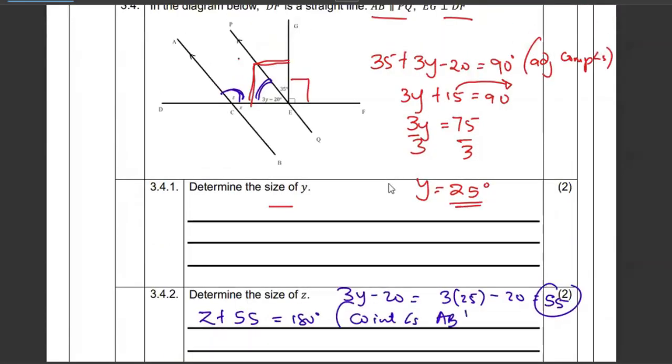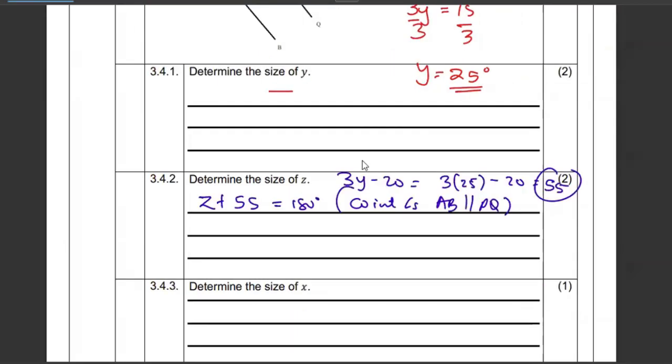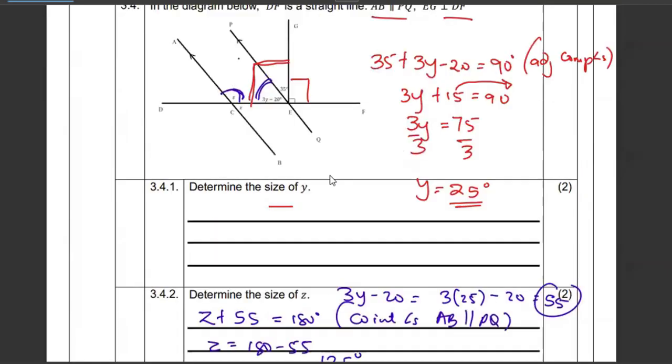AB is parallel to PQ. Then let's move the 55 that side. It's going to be 180 minus 55. Okay, so 180 minus 55 gives us 125. And then our X, so if this angle here is 55, even X must be 55 because they will be alternate.